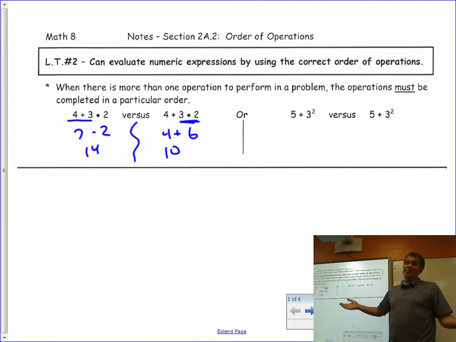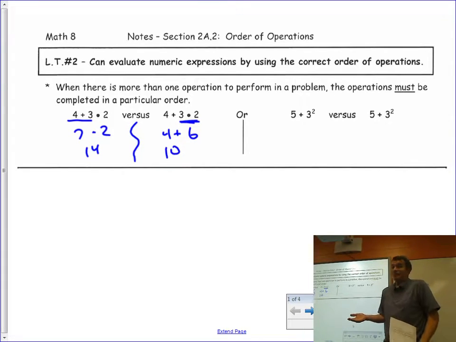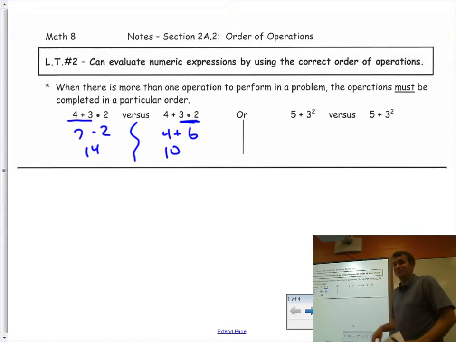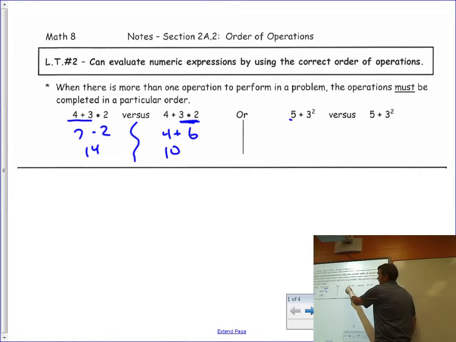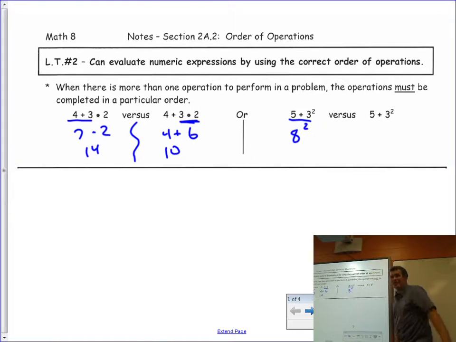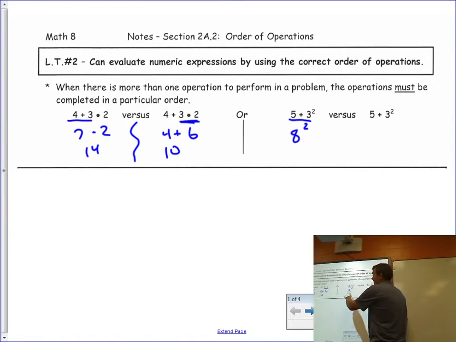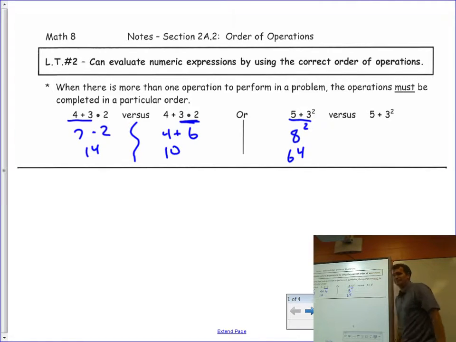So in math, we have to make sure we follow the correct order of operations so that everybody is consistent and gets the same result from the same problem, right? I had one more example here. I was squaring a number, 3 squared, right? Should I do 5 plus 3, which is 8, and then square the answer? 8 to the second power is 64.